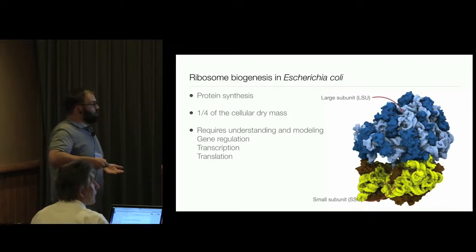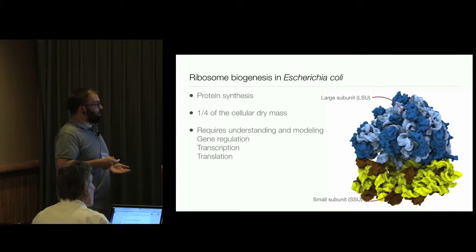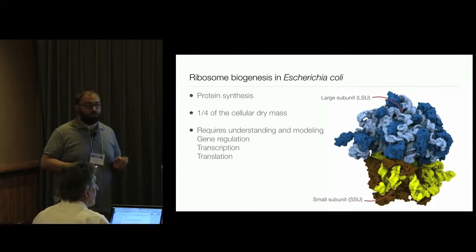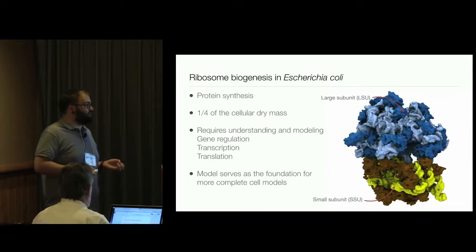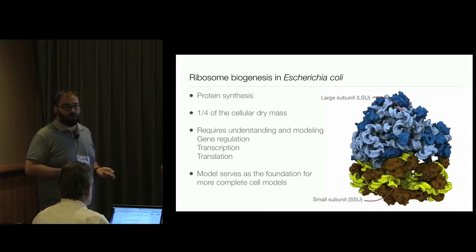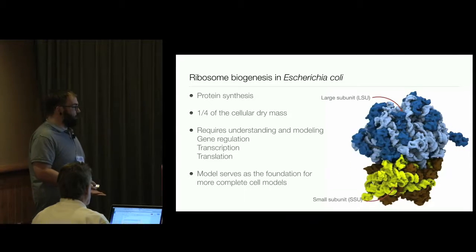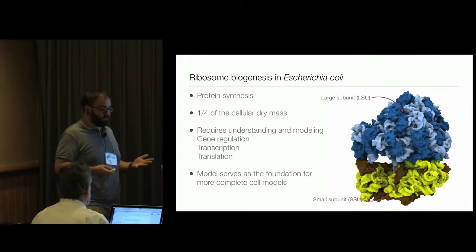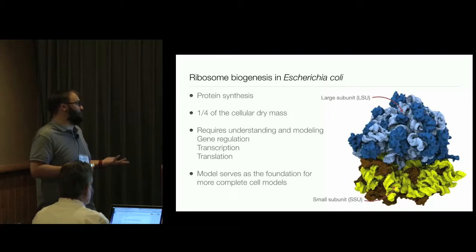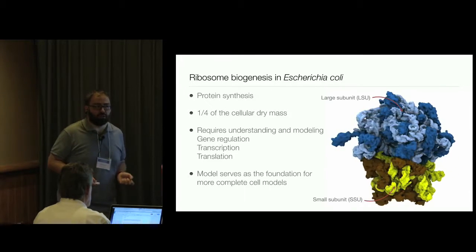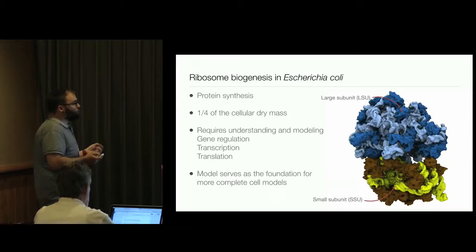So by the time you figured all of this out, as well as the ribosome assembly, you're at a really, really good point because you have the majority of the whole cell model figured out. So from here, you can add more complex models to the whole cell system, such as metabolism or other cell signaling type networks.